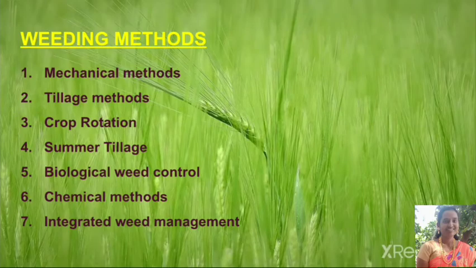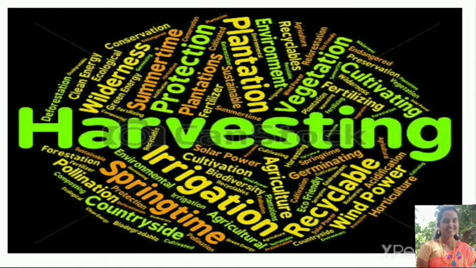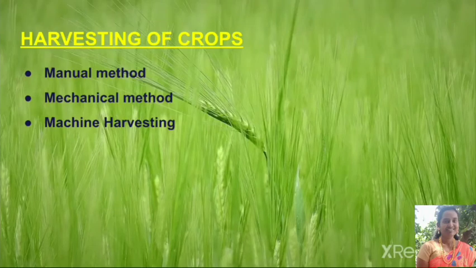Okay. Next one is harvesting of crops. The process of cutting and gathering a crop is called as harvesting. Different methods are used for harvesting. So some of the methods, it can be by manual harvesting or mechanical method or by machine harvesting.